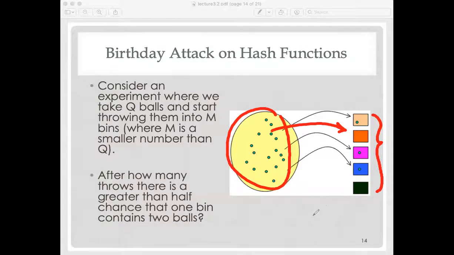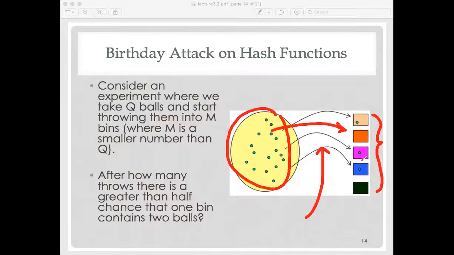But the important question we want to know is, when does the collision happen? Because this is very important for us. We need to know the probability that this collision will happen. Meaning, after how many balls I throw here will a collision start to happen?